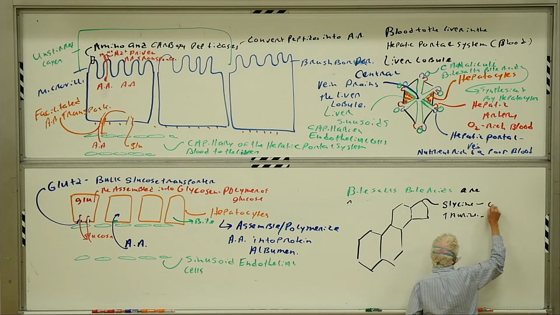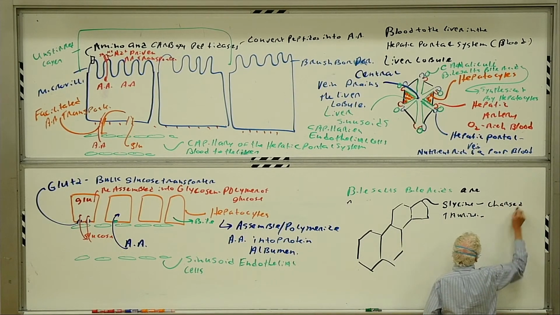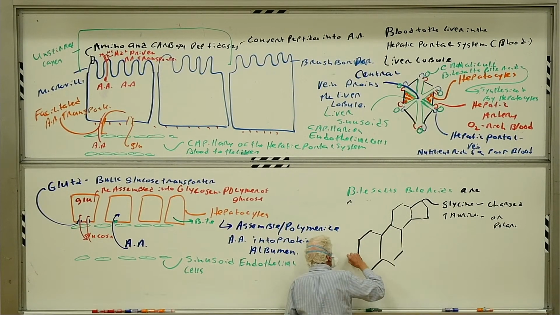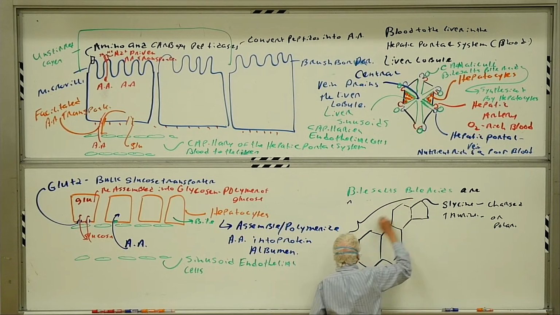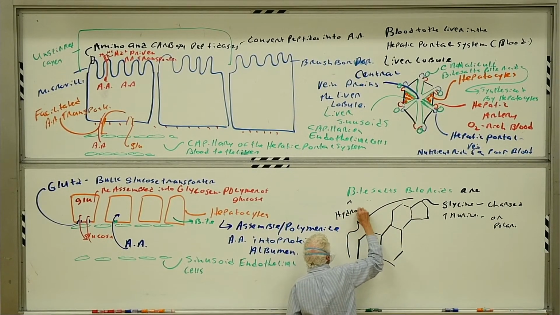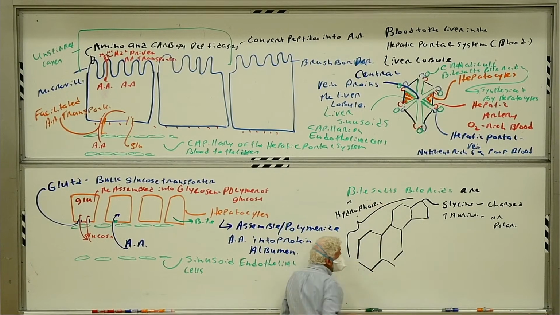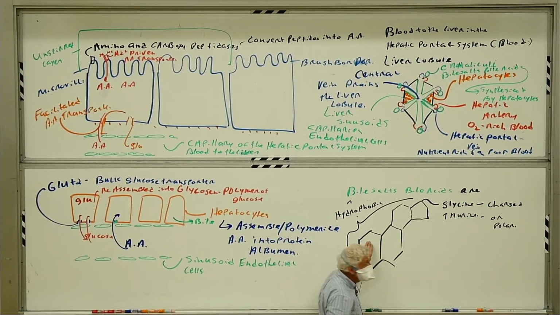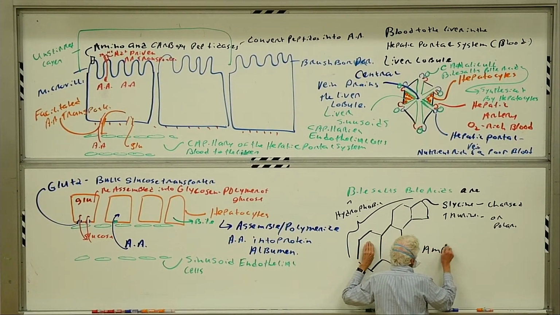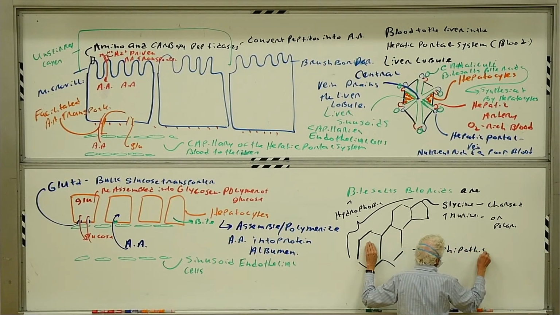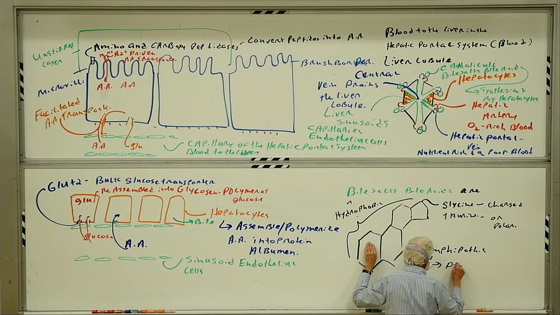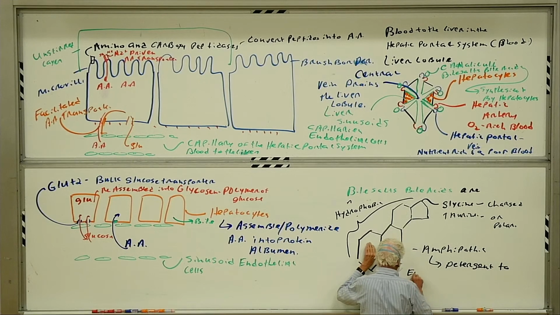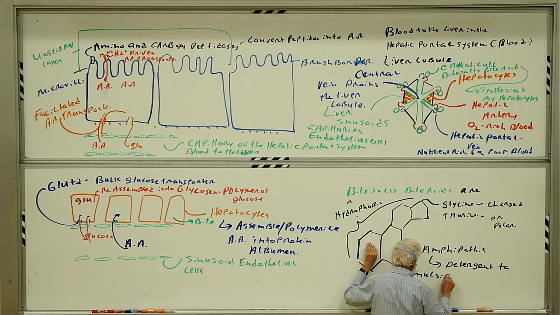Glycine and taurine are charged or polar. This region here, the cholesterol, this is hydrophobic. So taken together with this hydrophilic point out here, combined with a hydrophobic region in here, we have a molecule that's amphipathic and serves as a kind of detergent to emulsify fat.